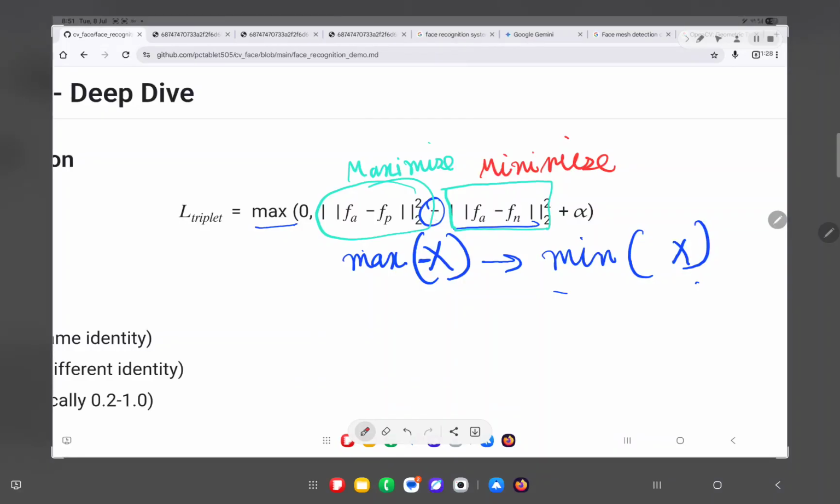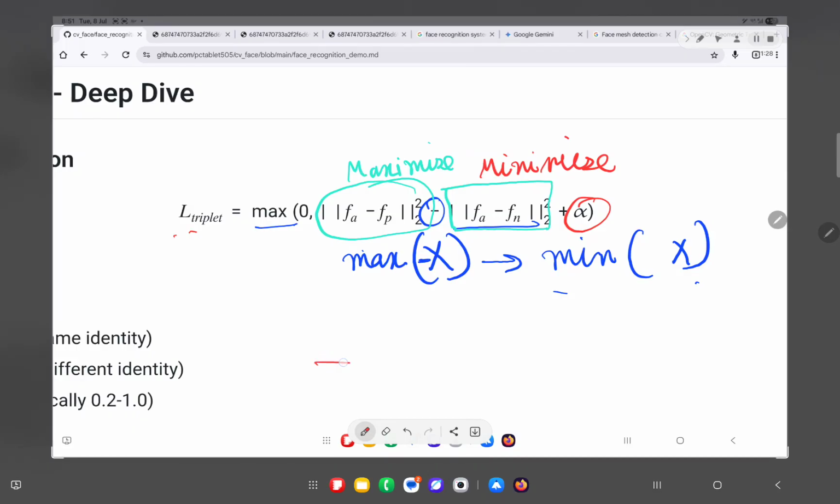Combining the equations, this is the triplet loss function, and we have another parameter called alpha. This can be added as a margin, so that the minimum loss has to be greater than 0, so that the model tries to separate with some margin.